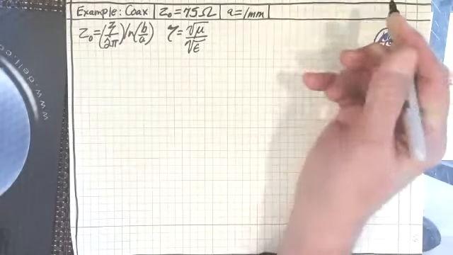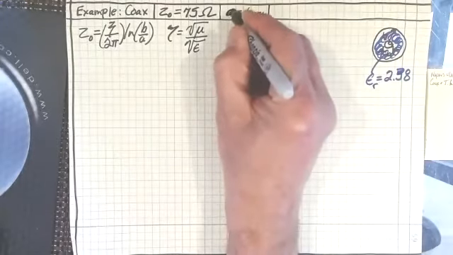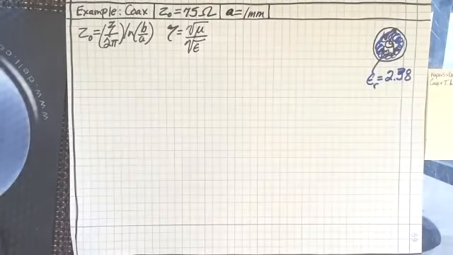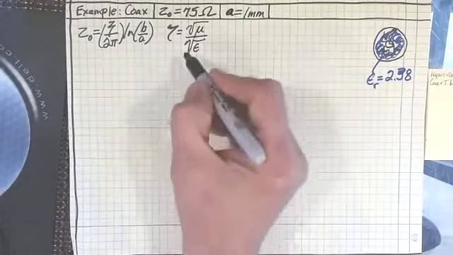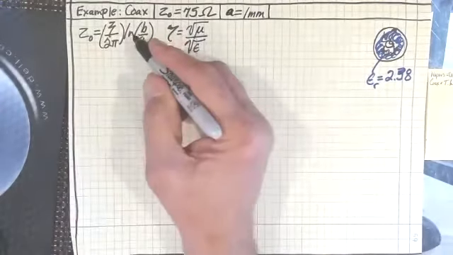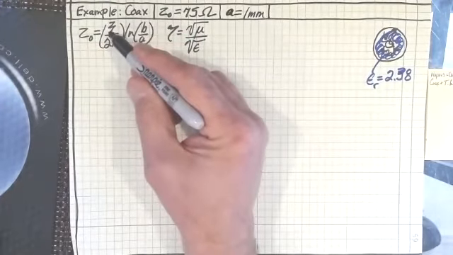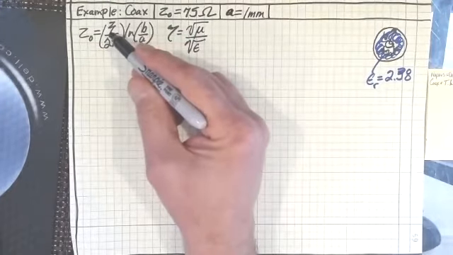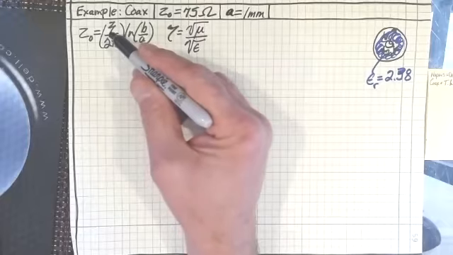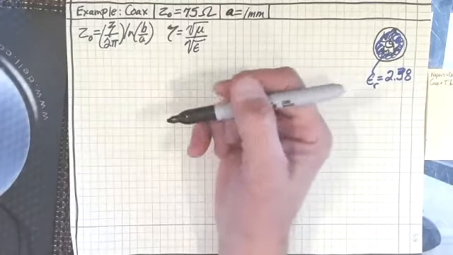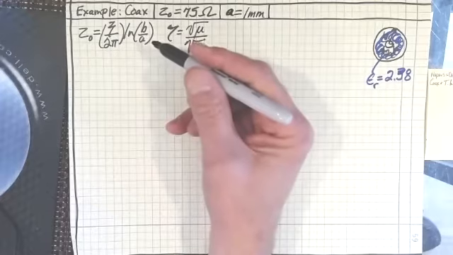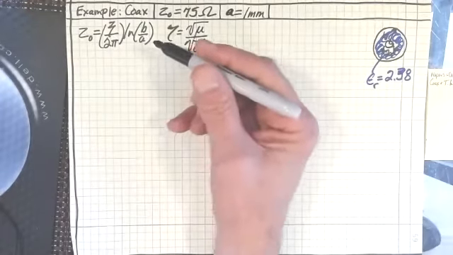So A is 1 millimeter for the coaxial cable, the center radius. Now, if we use this equation here, I think everybody can see.